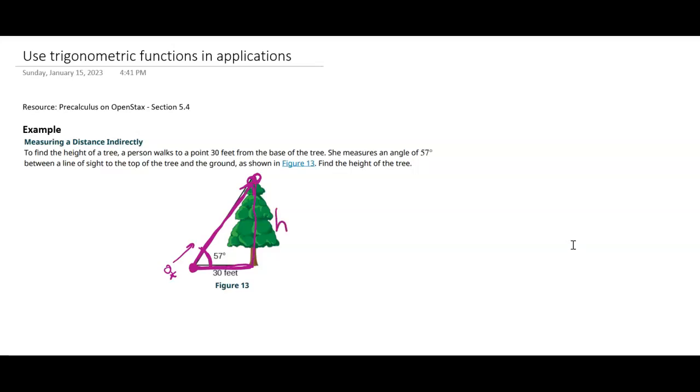So what's the height? I have 6 different trig ratios that I could use here. There's 2 that make the most sense, and they're the ones that include the opposite and the adjacent sides. So I could say that the tangent of 57 degrees is h over 30.